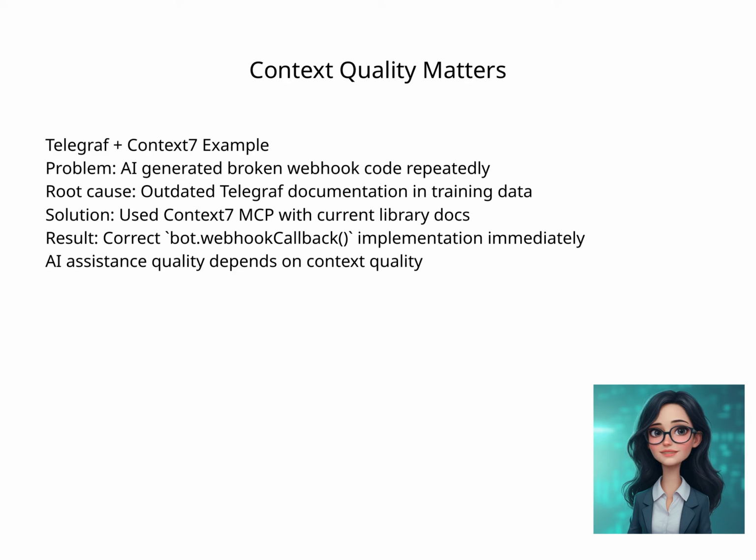We solved this by using Context7, an MCP server that provides current library documentation to AI tools. Once the AI had access to proper Telegraf documentation, it generated the correct implementation immediately. This demonstrates that AI assistance quality depends heavily on the context and documentation you provide.